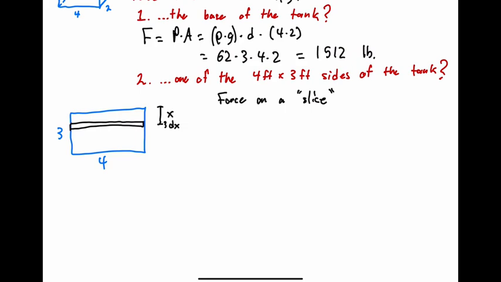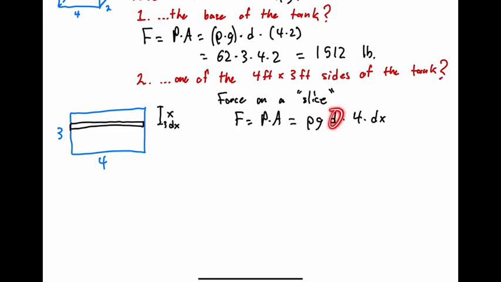Well, force on a slice, now we can use the good old formula force equals pressure times area, because the depth is all the same, the depth is just x. So pressure here, that is rho times g times the depth times the area, and the area here, well, we have a little rectangle. It's a 4 foot long rectangle that is dx feet wide. So the area is 4 times dx.